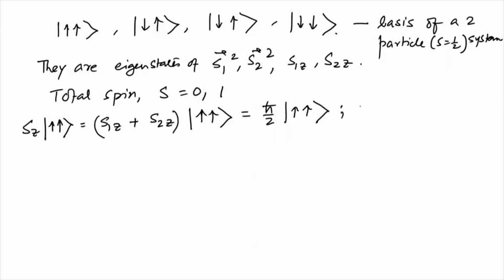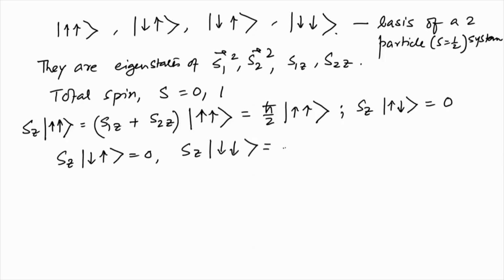Similarly, Sz acting on up down would give me 0, because S1z will give me a plus ħ/2 and S2z will give me a minus ħ/2. And similarly, Sz acting on the down up state should also give me 0, and Sz acting on the down down state will give me a minus ħ.